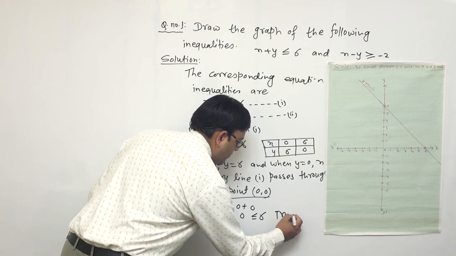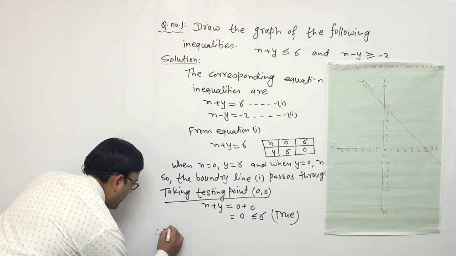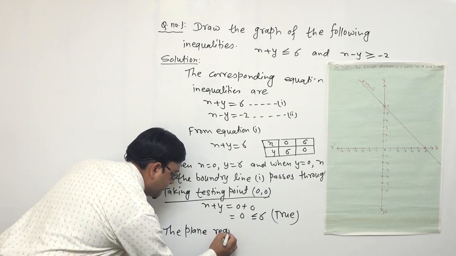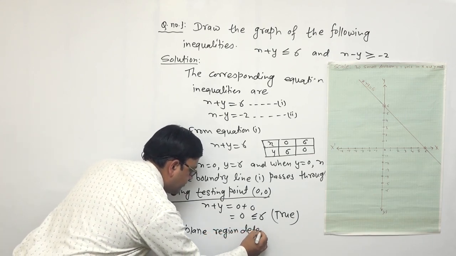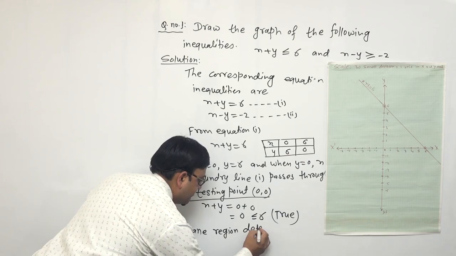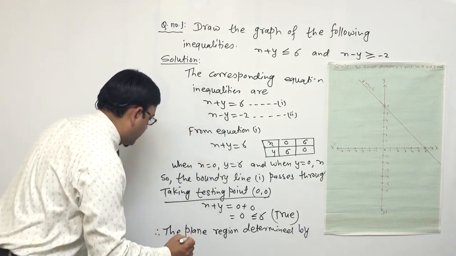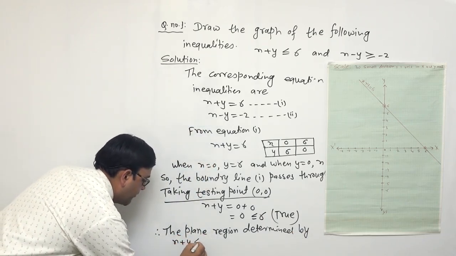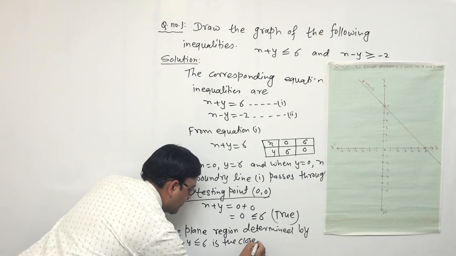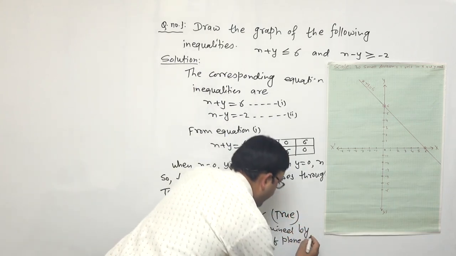Therefore, the plane region determined by x plus y less or equals to 6 is the closed half plane containing the origin.